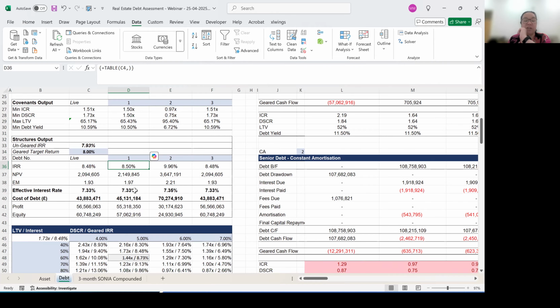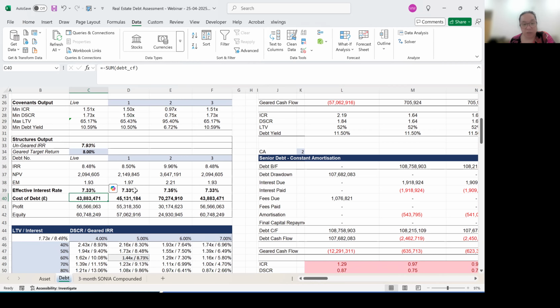Whereas if you have, for example, a lower ungeared IRR and your cost of debt is higher, then that means you're going to have an IRR that is going to be less than what you started with without borrowing. Okay, so it's going to be even much lesser than you started with.